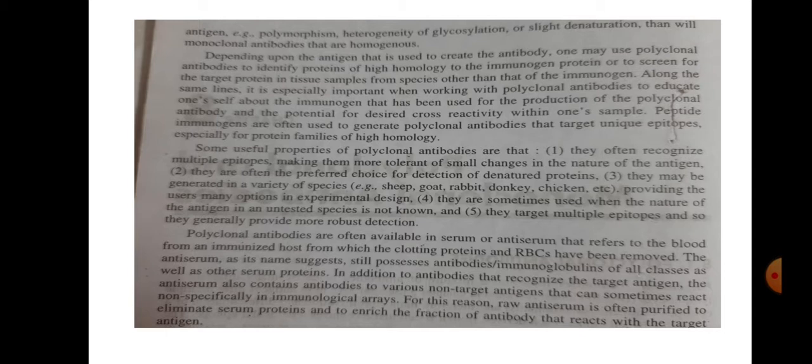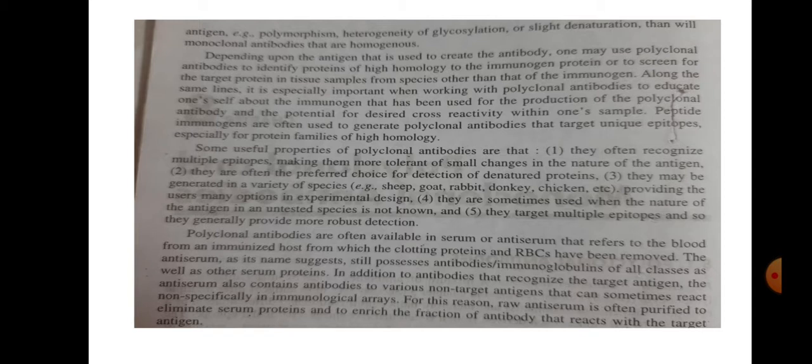Polyclonal antibodies are often available in serum or antiserum, which refers to the blood from an immunized host from which the clotting proteins and RBCs have been removed. The antiserum, as its name suggests, still possesses antibodies or immunoglobulins of all classes as well as other serum proteins.